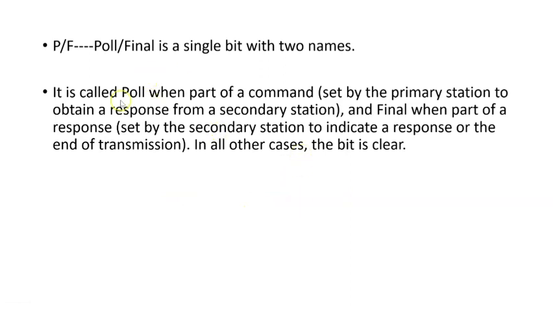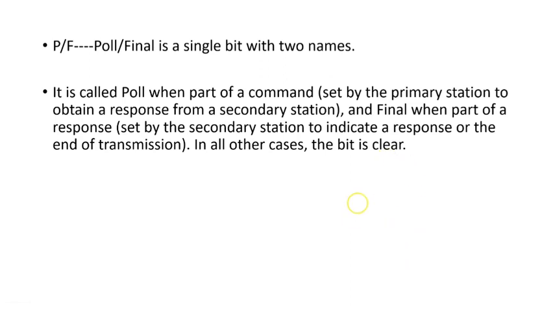So this P/F field will be poll when it is given by the primary station. Now the primary station is sending the frames, right? In order to check the secondary station, this is set as poll. Consider that the data transfer is complete. Now the secondary station will indicate that to end the transmission, right?